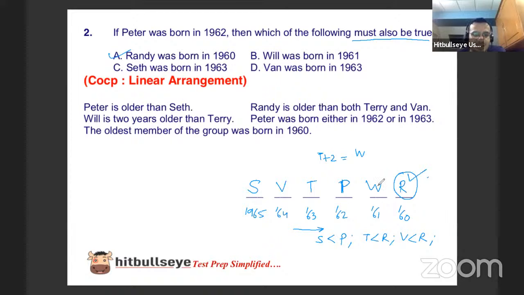Let's have another scenario. Shivika, there are other possibilities. Let's try to create that possibility and see if W is also coming in the same fashion or not. So in this case, let's try to place, I'll erase that.